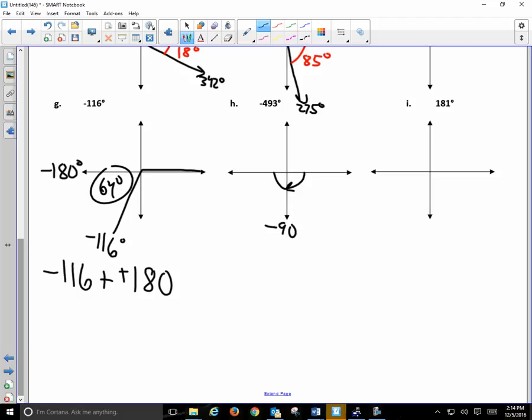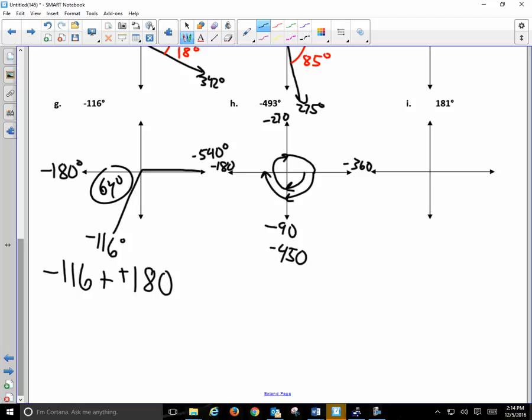Then negative 180, then negative 270, then negative 360. So we're not there yet, are we? Then negative 450, and then negative 540.